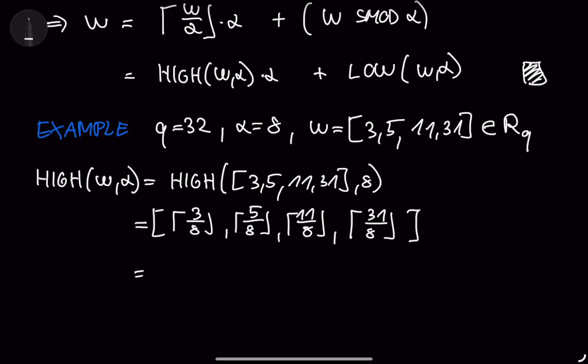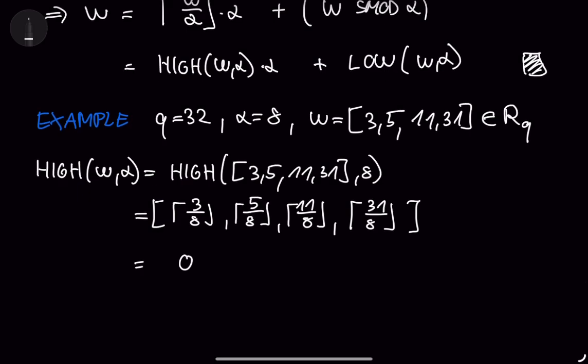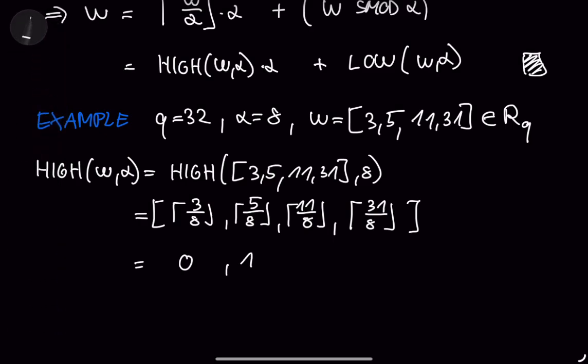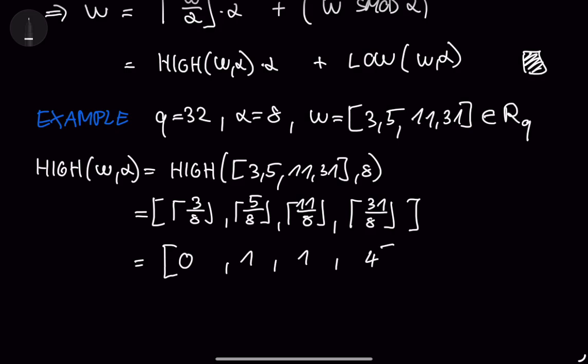And rounding then gives 0, sorry, 5 divided by 8, 5 is closer to 8, that means 1. 11 divided by 8 is 1, and 31 divided by 8 is close to 4. So we get this vector.